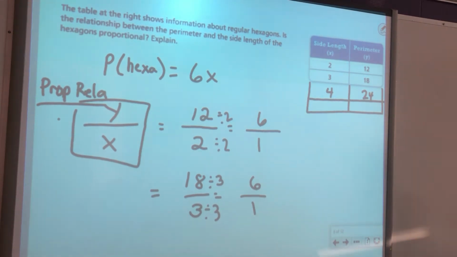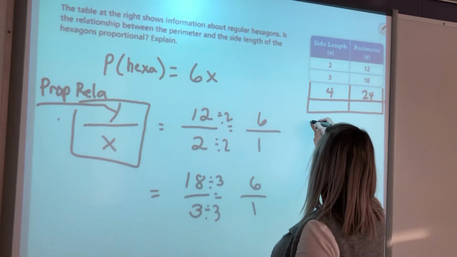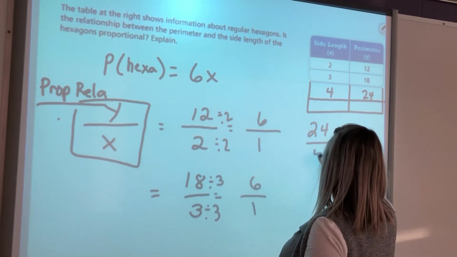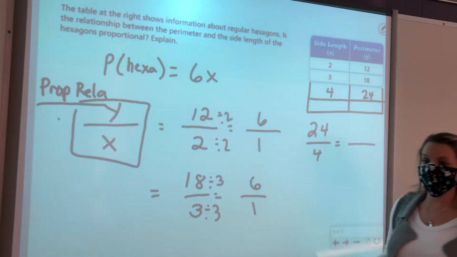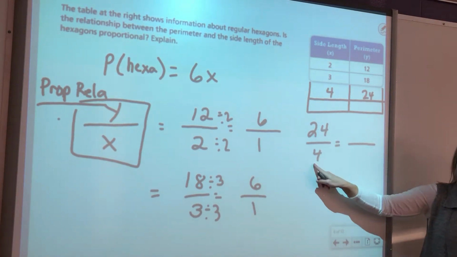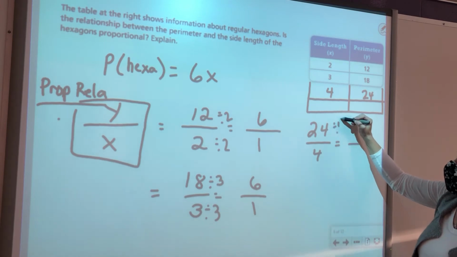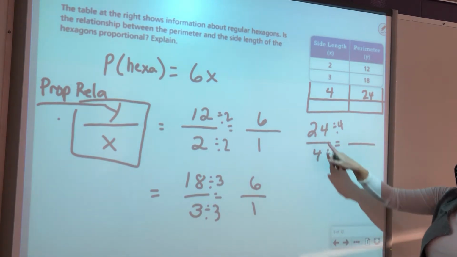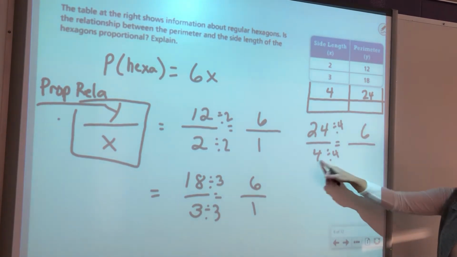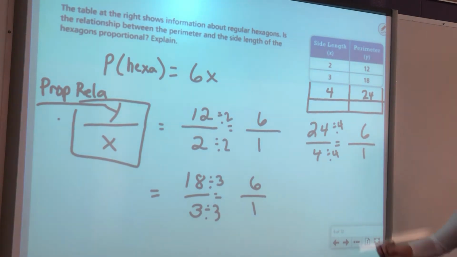Are we still proportional? Yes. Then you just divide by 4. So it'll be the same thing. 24 and 4 have a common factor of 4. So 24 divided by 4 is 6, and 4 divided by 4 is 1.